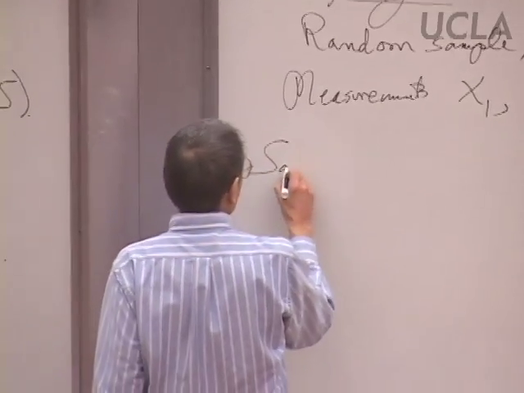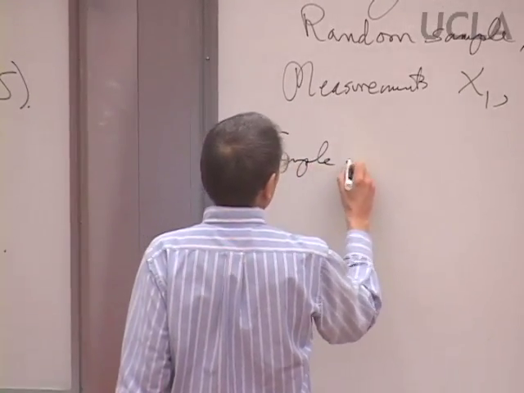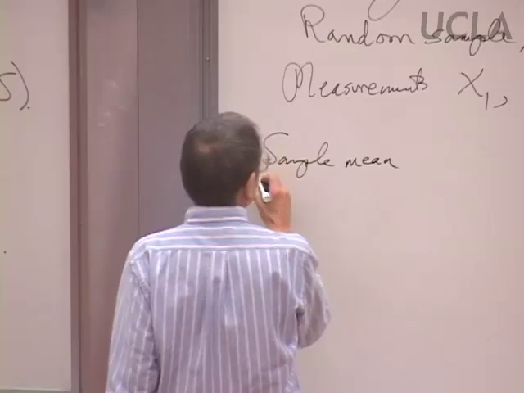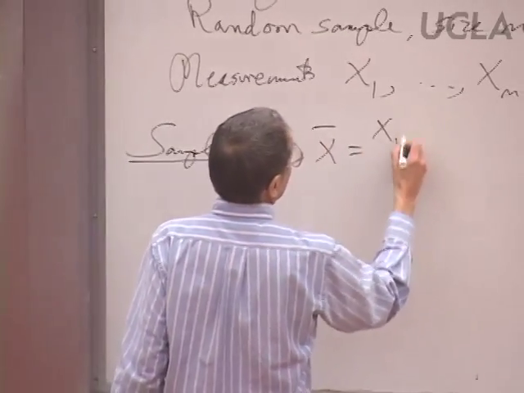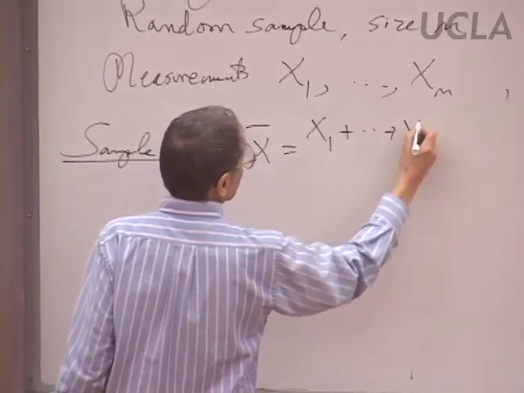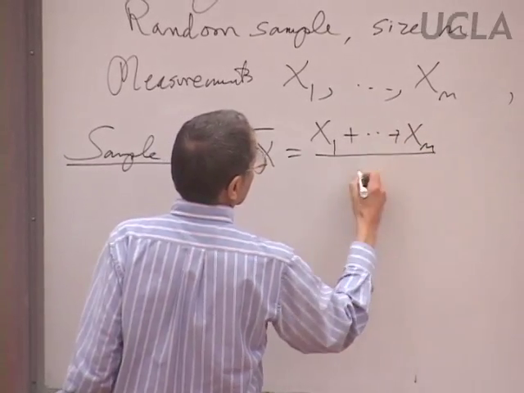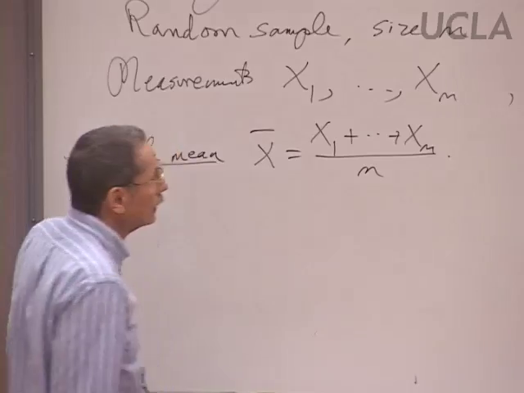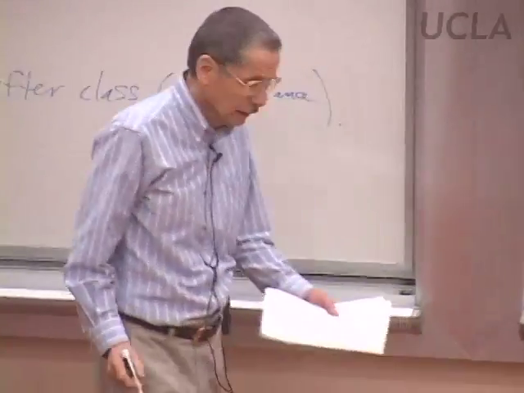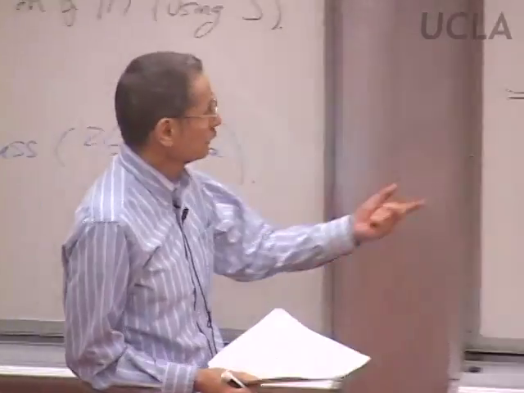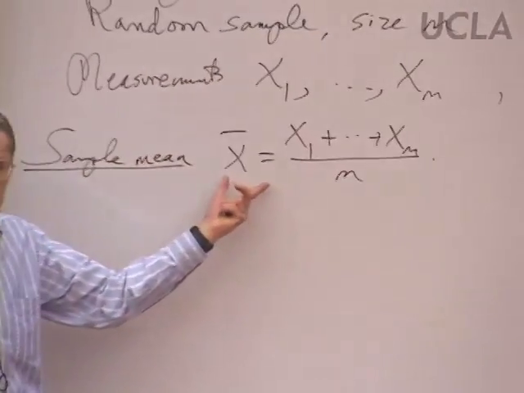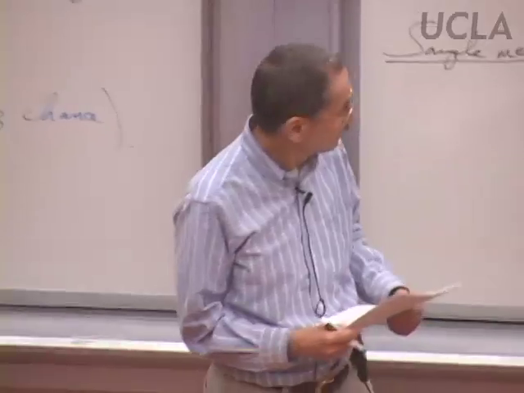And so last time we talked about the sample mean, simply the average measurement. And we know from the central limit theorem that this will be normally distributed, almost.